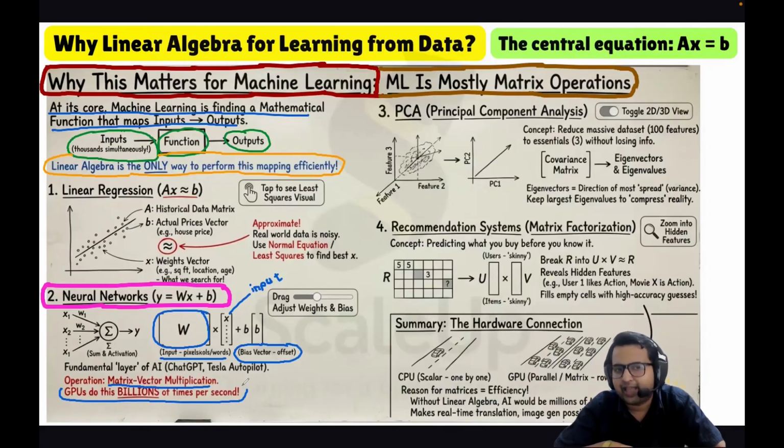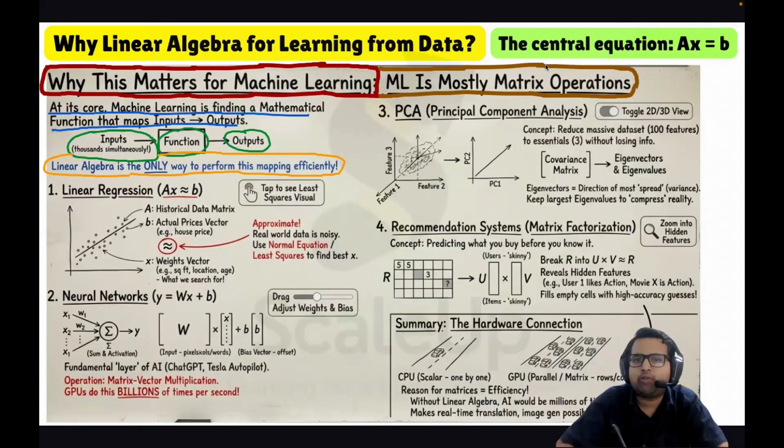The difference is the error, and based on the error, it updates the values in the weight matrix. Once again, it multiplies with the input vector, adds the bias, gets the output, calculates the error, and updates the weights. It will keep on doing this until the error is minimized. So a neural network also makes use of the equation Wx + b.